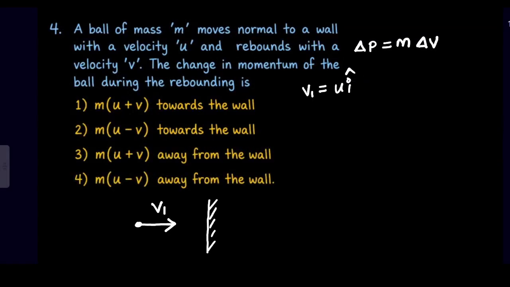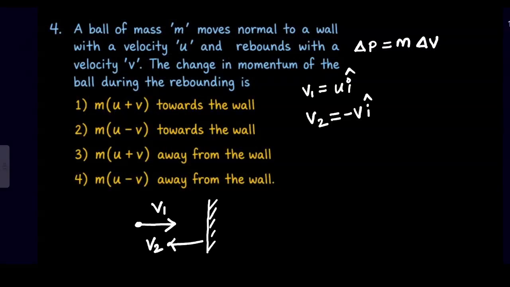After hitting, what happens? It rebounds with a velocity v. Rebound means going back, with a velocity V2. How much is V2? It is given as v, and the direction is minus v into I cap.